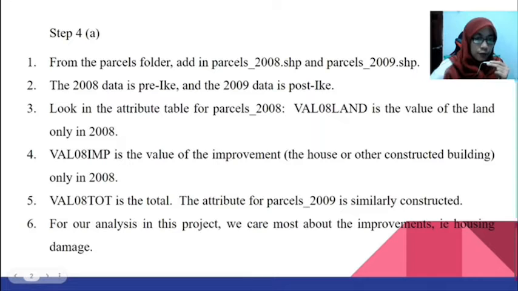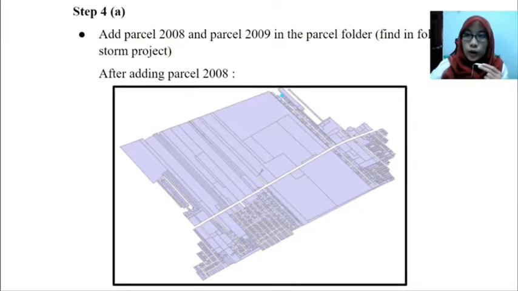Then val08 tot is the total, and it shows the attributes for puzzles_2009, which is similarly constructed. For our analysis in this project, we care most about the improvement, for example, housing damage.